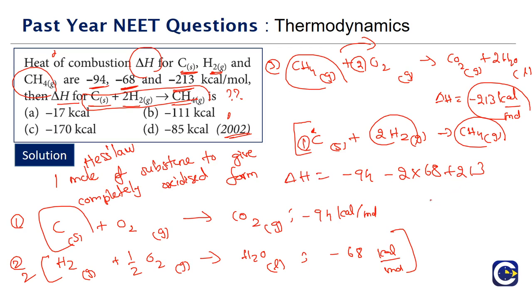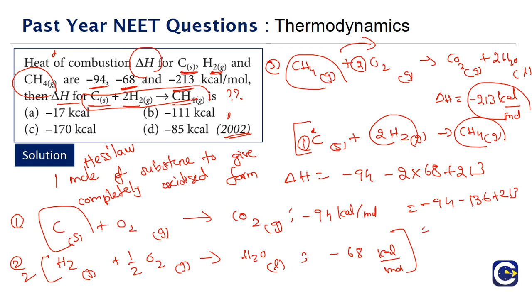So minus 94 minus 2 into 68, which is 136, plus 213. What is it going to give us?